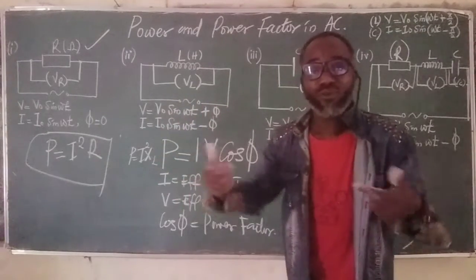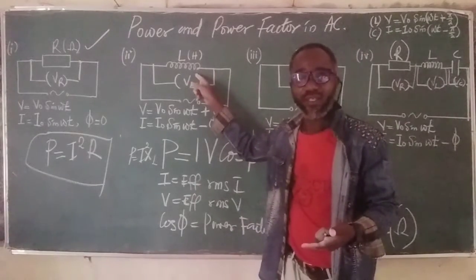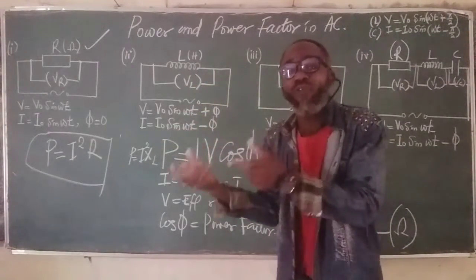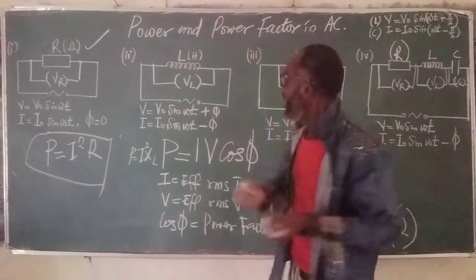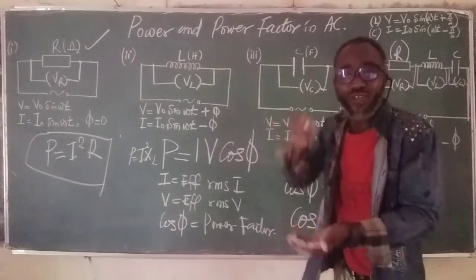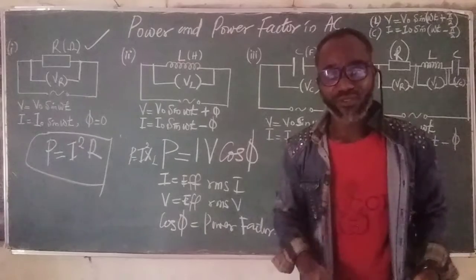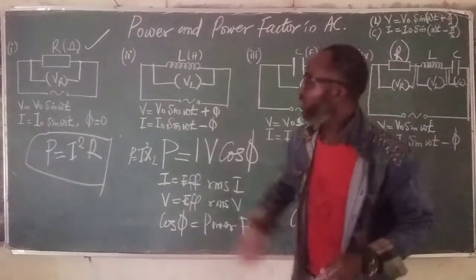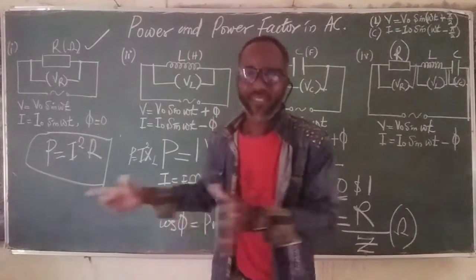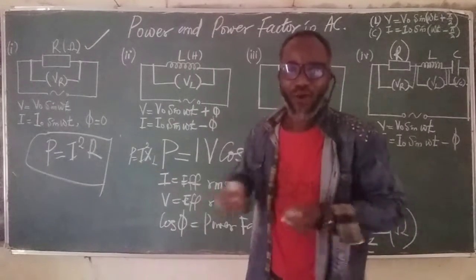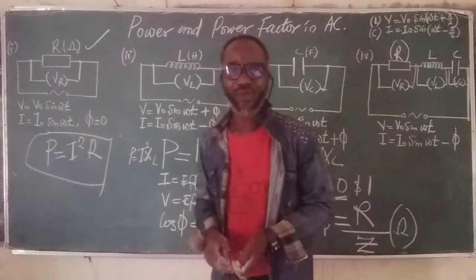What it does is to produce some amount of magnetic field, because it's a coil that might even offer some more opposition, just a small amount of opposition. And this one, the same thing, stores energy in its electric field, so they don't consume it. And look at this. This is a super resistance. It takes all. The power belongs to it. That's what happens when a resistor is connected.